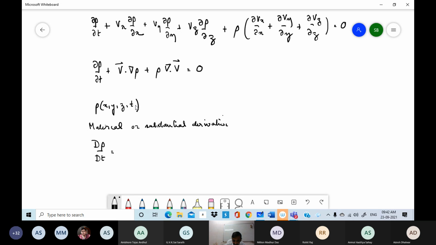then as time changes, not only does this t change, the position also changes. So the rate of change of rho as I follow the material would be, so as I increase time, my x changes. So then the rate of change of rho with respect to time because of change in x would be the rate of change of rho with respect to x into the rate of change of x with respect to time. Similarly for y and z.